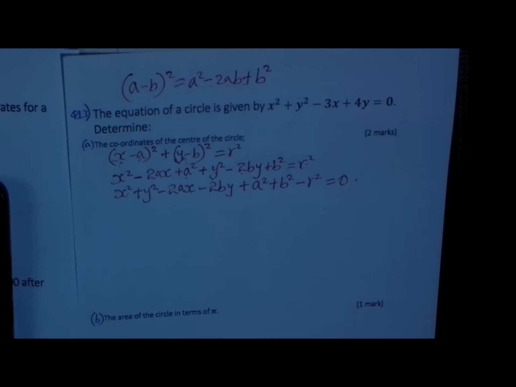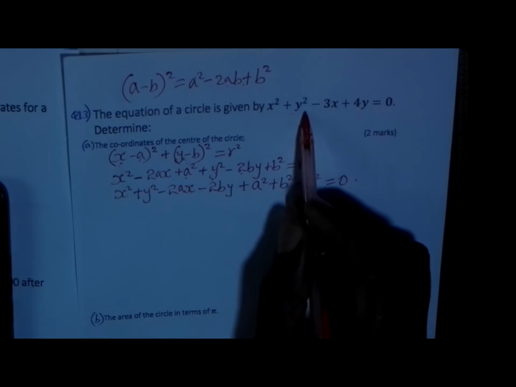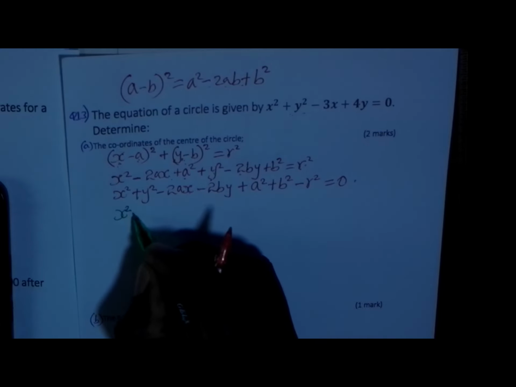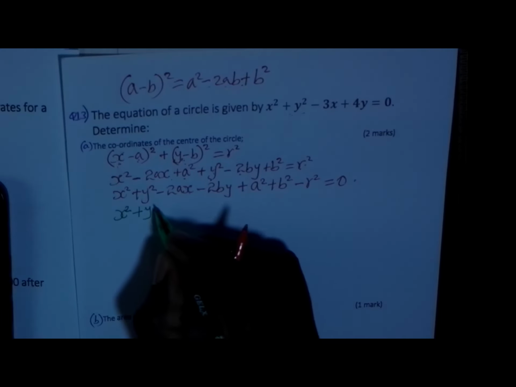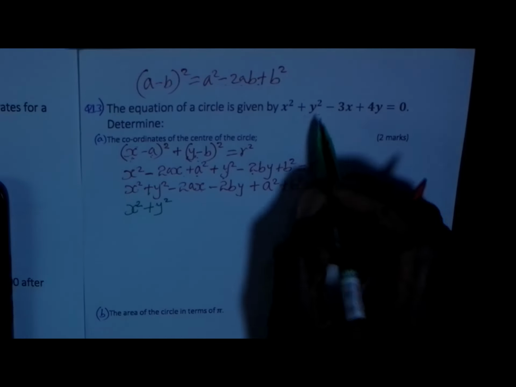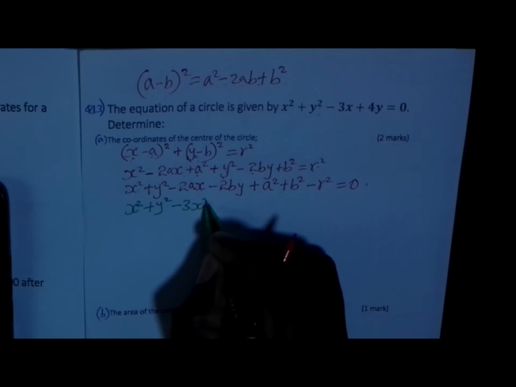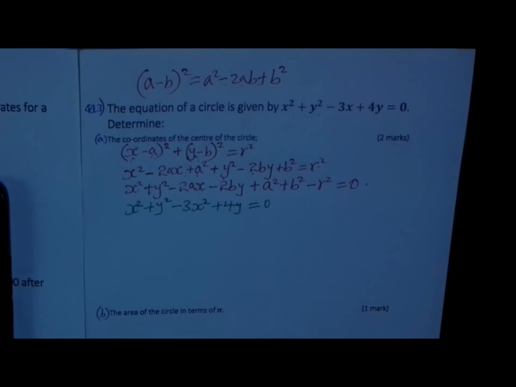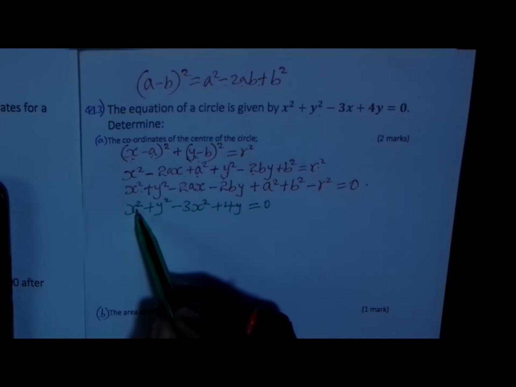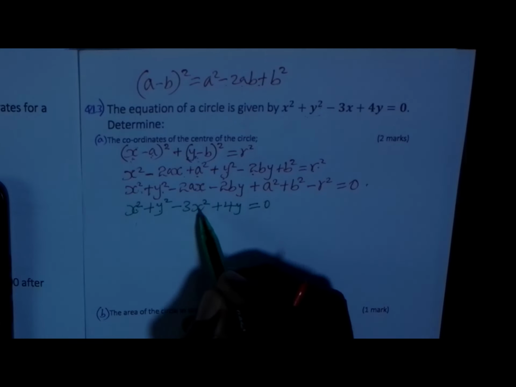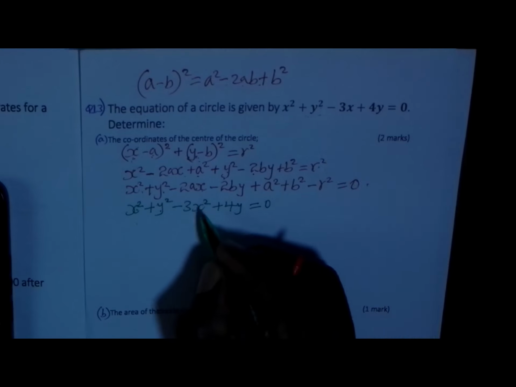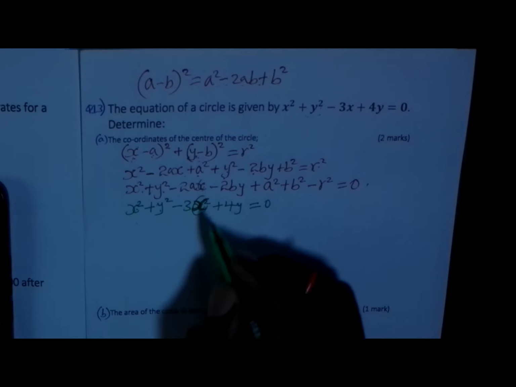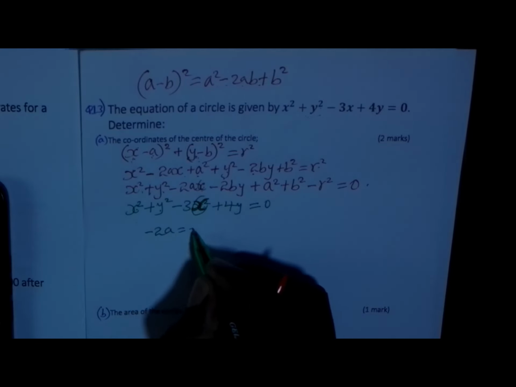Comparing with the given equation, which is x squared plus y squared minus 3x plus 4y is equal to 0. Compare the coefficient of x: minus 2a is equal to minus 3.